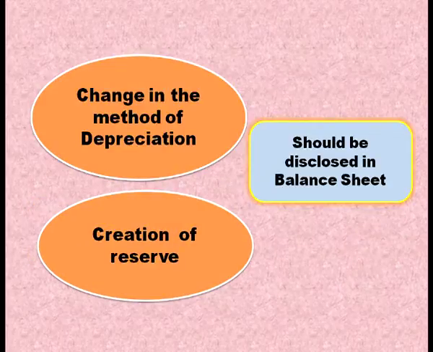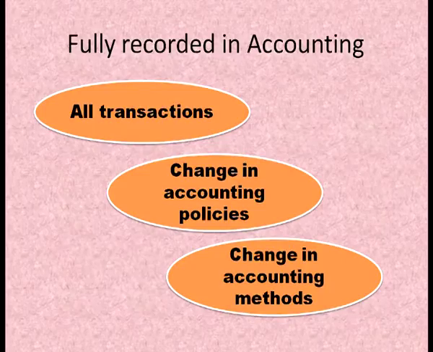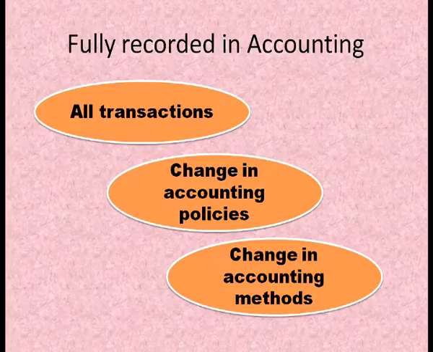Change in the method of depreciation, and if any reserve is created, that should be disclosed in the trial balance or in the balance sheet. What all things should be fully disclosed? All transactions should be disclosed. Change in the accounting policies should be disclosed. Change in accounting methods should also be disclosed in the accounts.